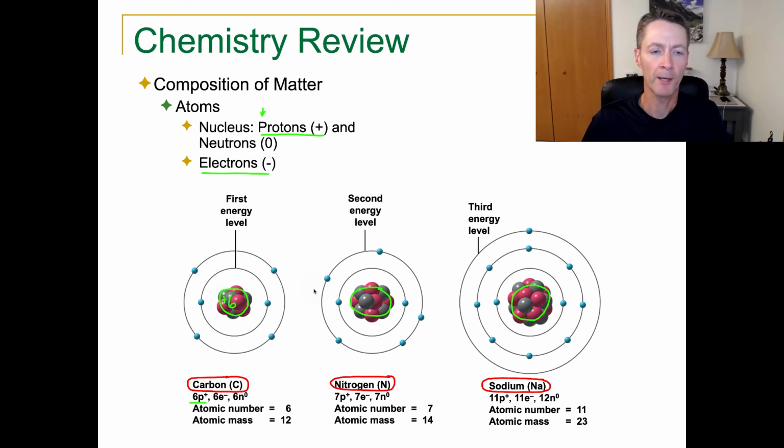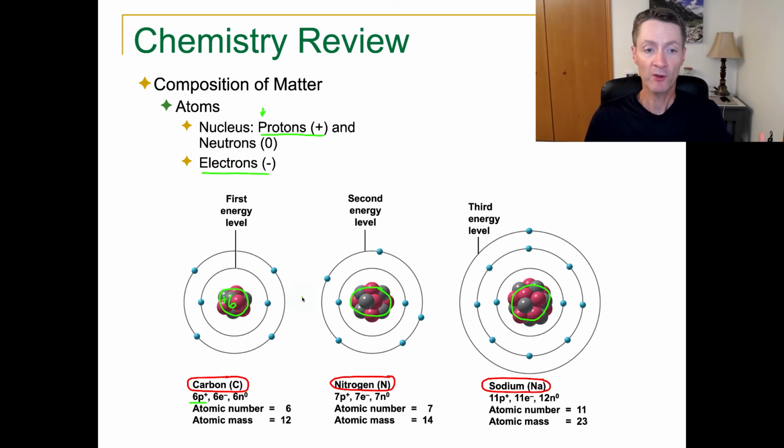Okay? Now, for a neutral atom, and when you look at the periodic table of elements, like that scary table I showed you just now, we actually talk about them as neutral, which means that they don't have a charge.